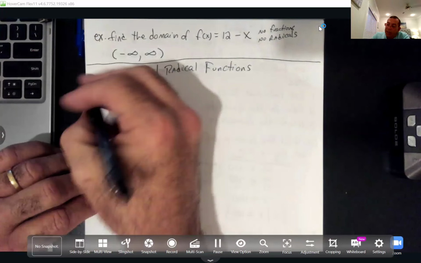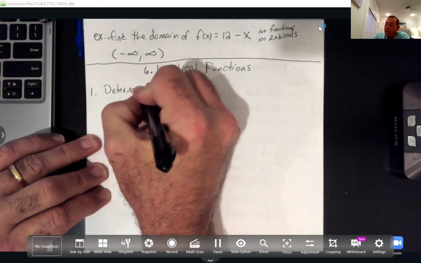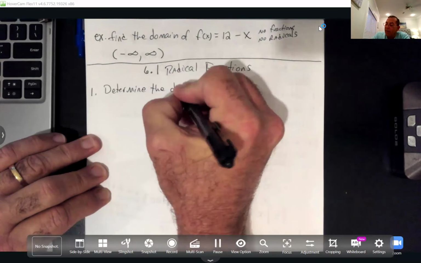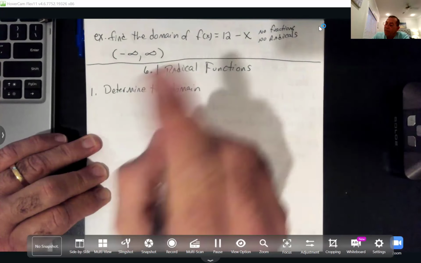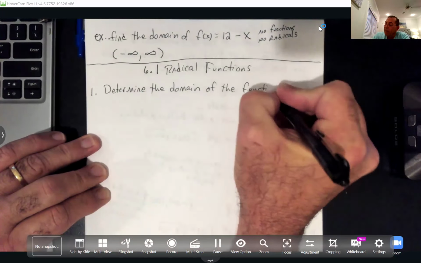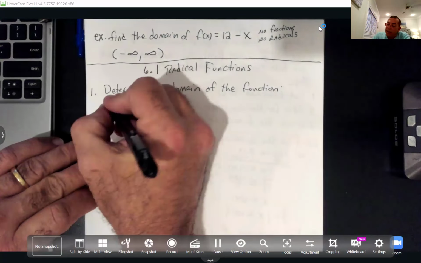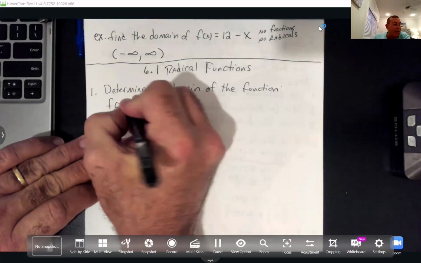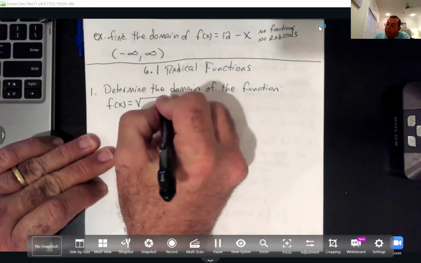So this one will say determine the domain of the function. They're giving us f of x equals the square root of 2x plus 1.